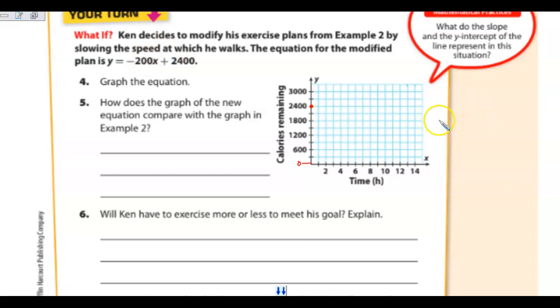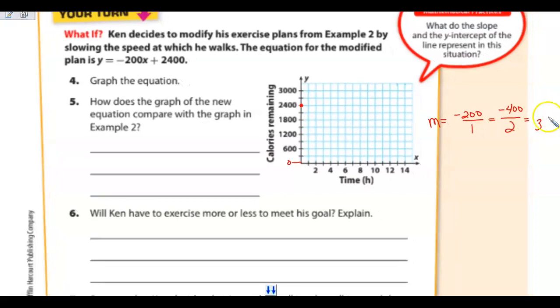So what we're going to do is look for a common number that we can use. If I go down every 2, this would be negative 400. That's not going to work. If I go for 3, I burn 600. This is a number I can use because 2 300s makes 600.